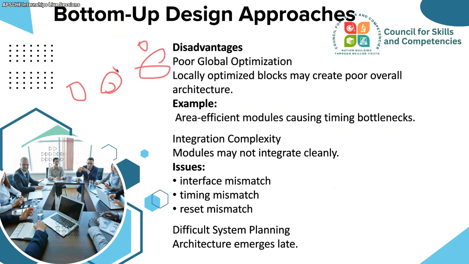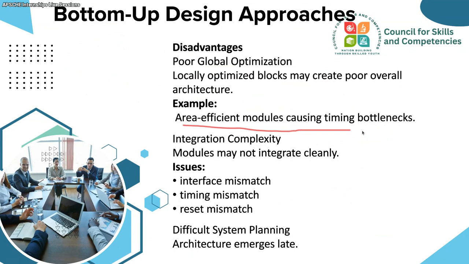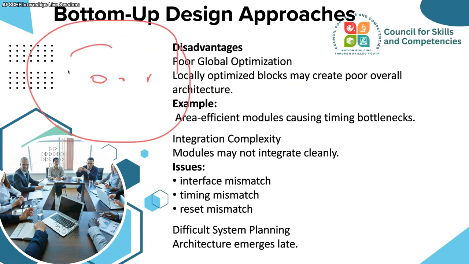When we try to optimize the small blocks, it will give a poor overall architecture, because the optimization is done locally. So these all are some disadvantages. So area efficient modules may cause timing bottlenecks. From the smaller modules you have to create a bigger module, and if we need it area efficient, it might be a bottleneck.